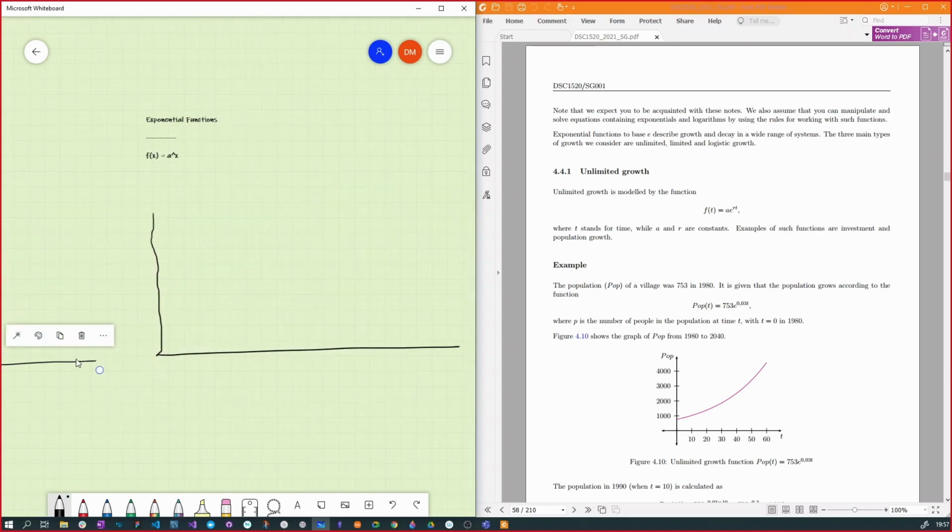Let's cover -3 all the way up to 3. You get this shape. And this point of intersection here, where this curve crosses x equals 0, is always at 1.